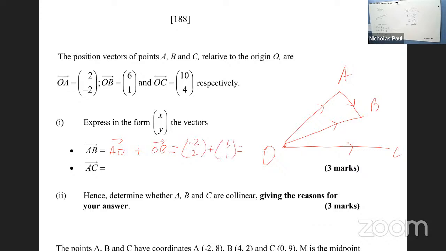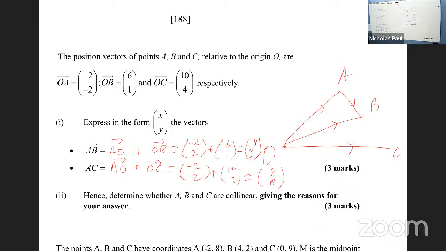I got 4, 3. And AC is A to O plus O to C. So that'll be minus 2, 2 plus 10, 4. So that'll be 8, 6.